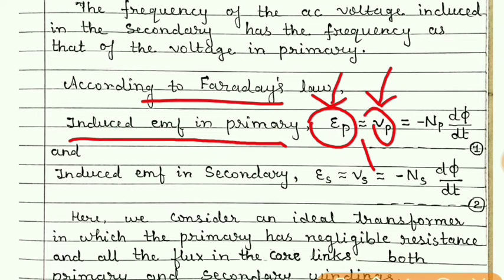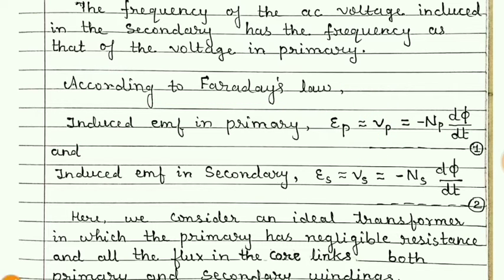Here we have taken both as equal because we have considered that the transformer is an ideal transformer and there is no loss of energy, and that's why epsilon P is equal to Vp.